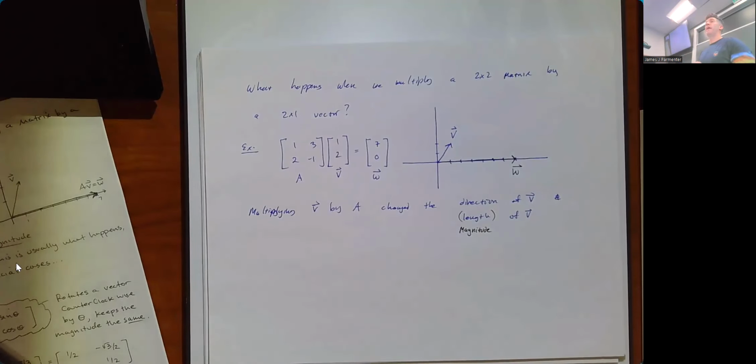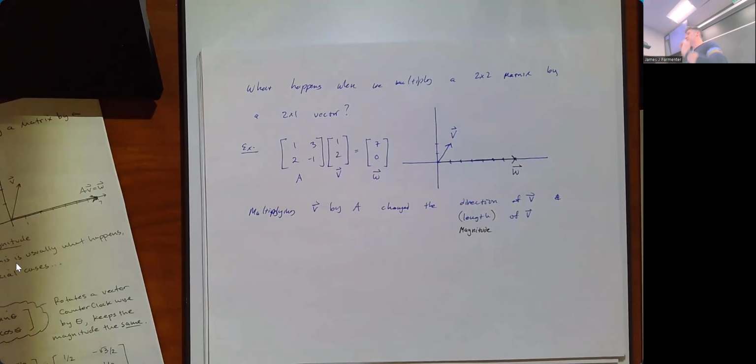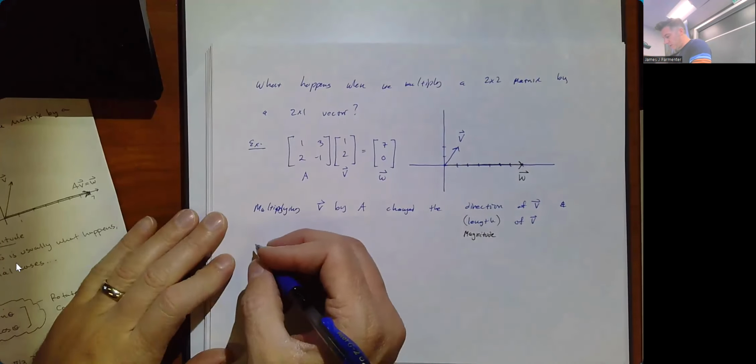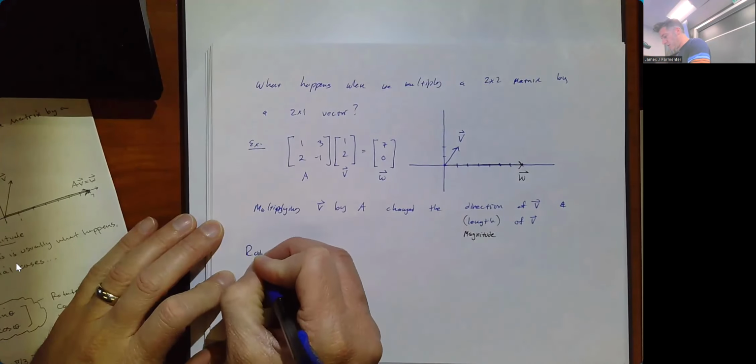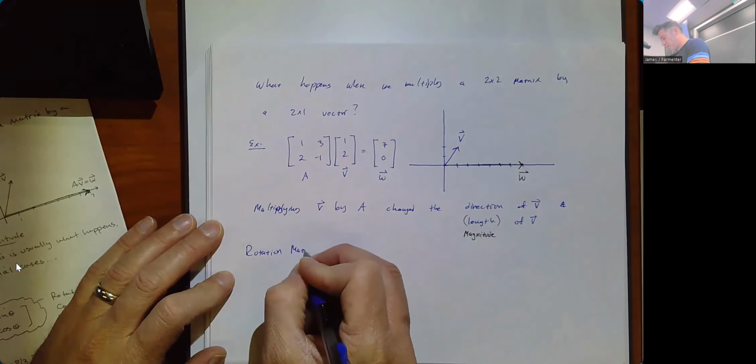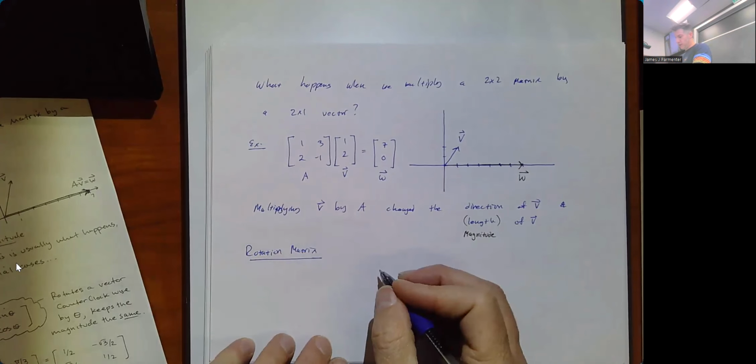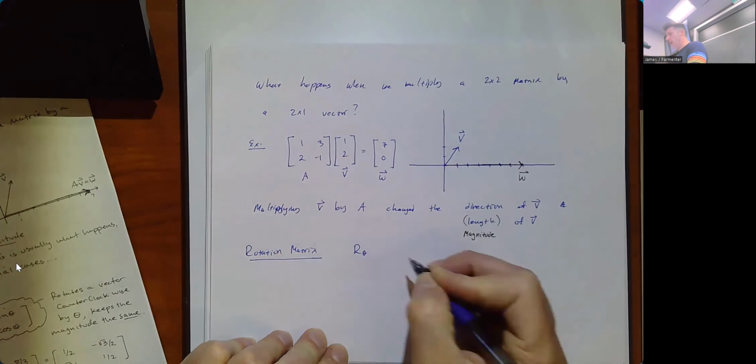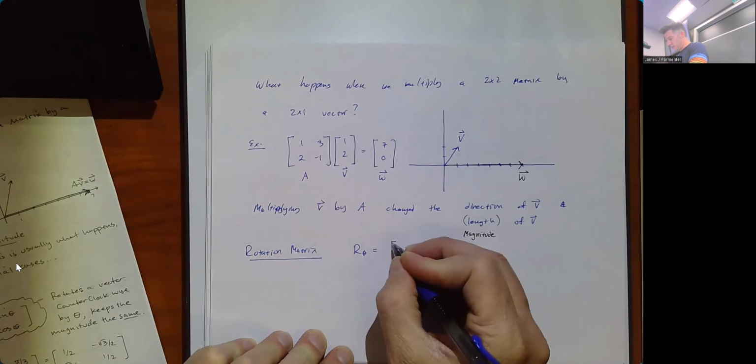That doesn't always happen. There are some special matrices we can multiply by that don't change the length or that don't change the direction. Let me show you one just because I think it's super cool. So this matrix, the rotation matrix R theta, is equal to this 2 by 2 matrix.